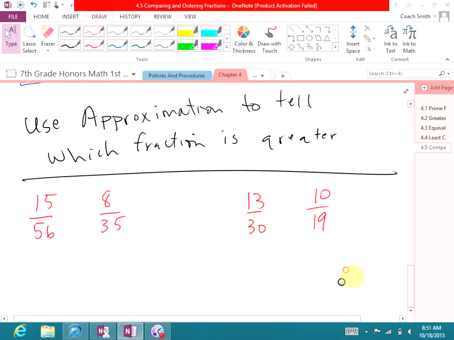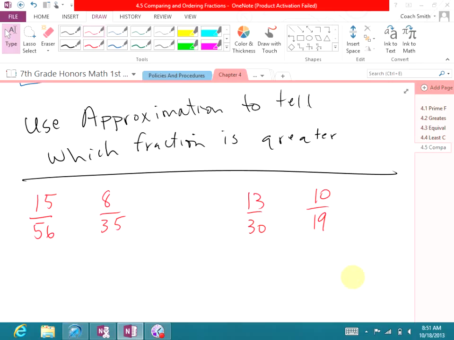I want to show you this one first because it's a little easier to explain. Look at 13 over 30. What is half of 30? 15. So this is less than a half, correct? Because it says 13, and to be a half it'd have to be 15.